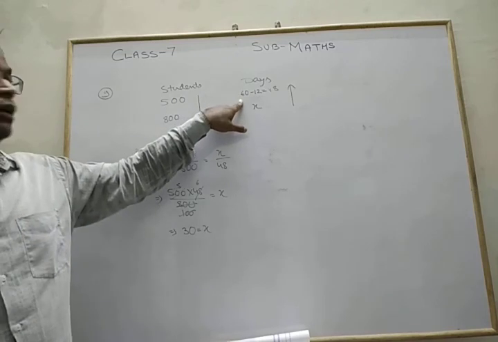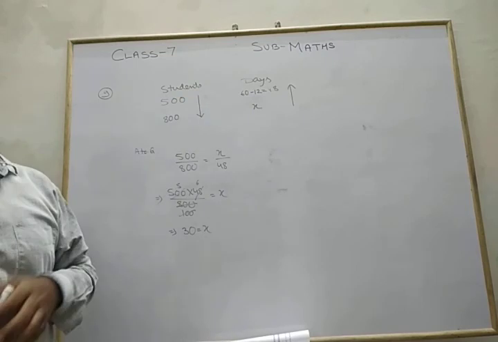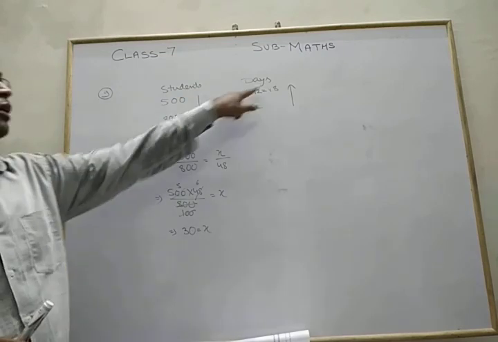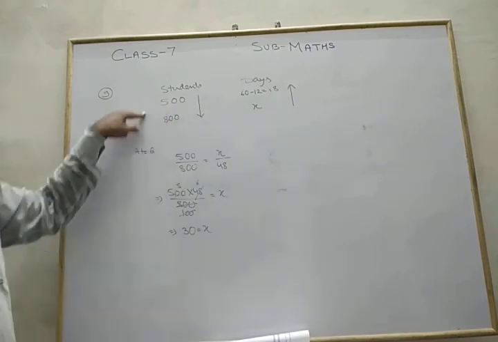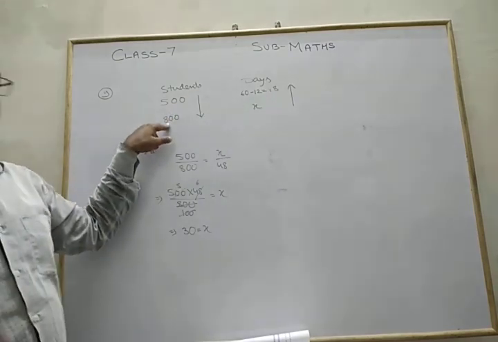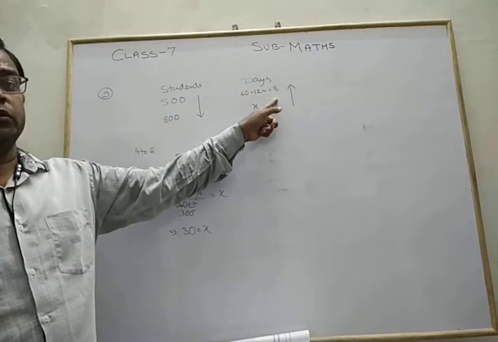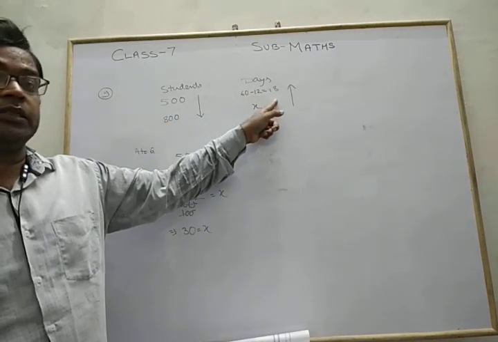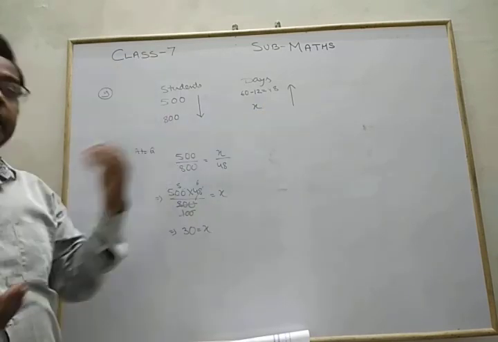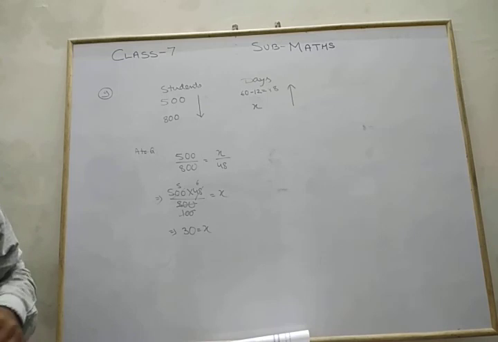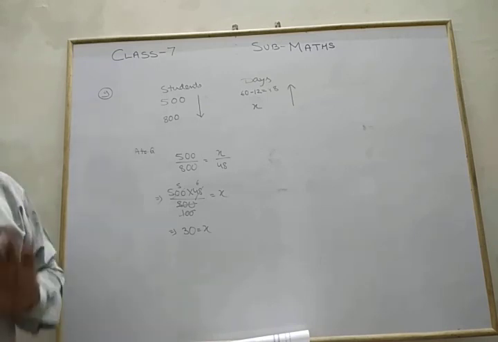After 12 days means these students have already taken their food. After 12 days, when 48 days of ration remain for 500 students, 300 more students join. Now what happened? This ration may not last 48 days. It must last fewer days because if we increase the number of persons, the number of days for the ration decreases. So in this case, we easily know that there is indirect variation.